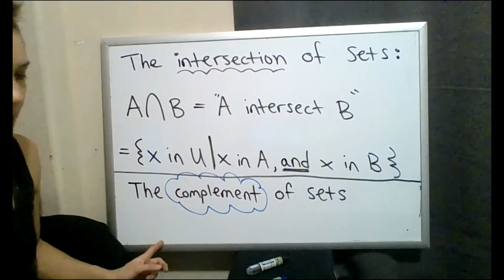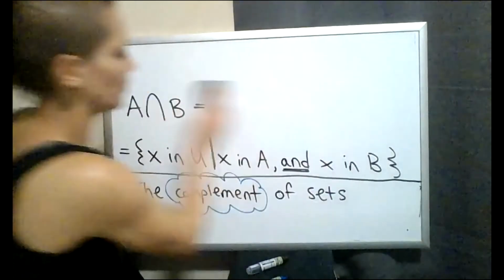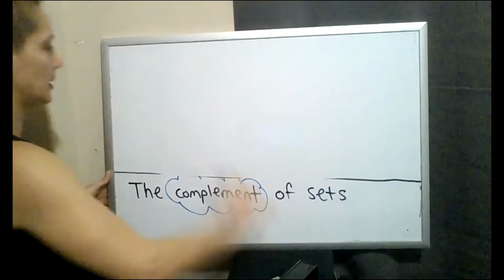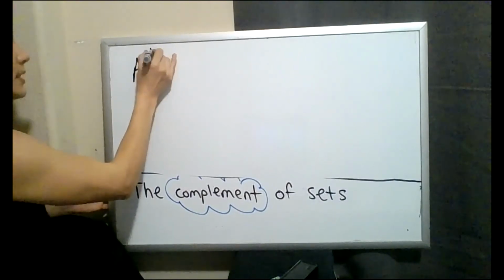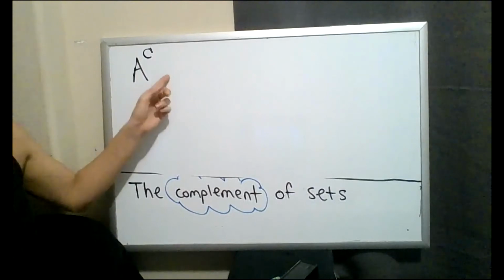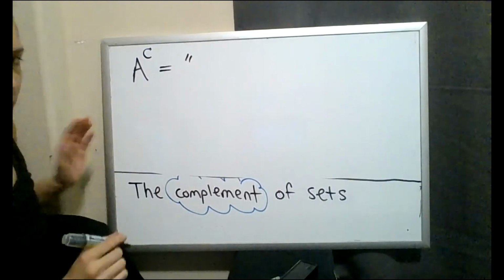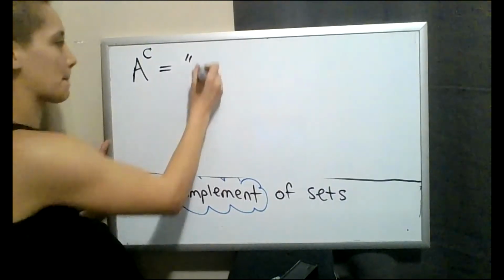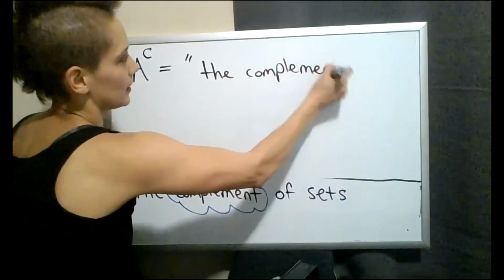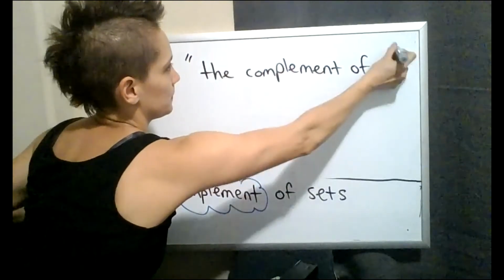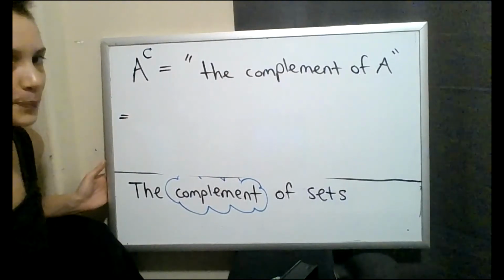So you take your set, let's use the set A, and write A, and up here, superscript, capital C. I mean, it can be a lowercase or capital, but I will put a capital. So it's read as the complement of A. But you can think of it as everything that is not in A.